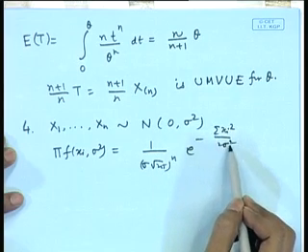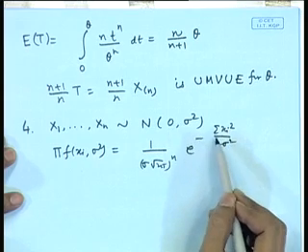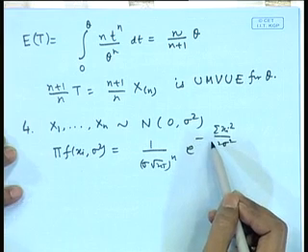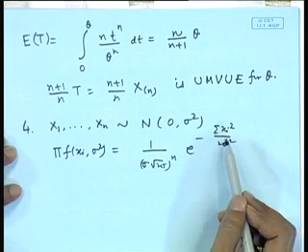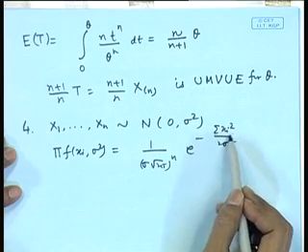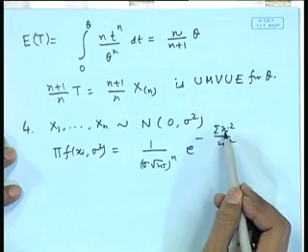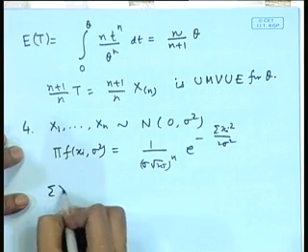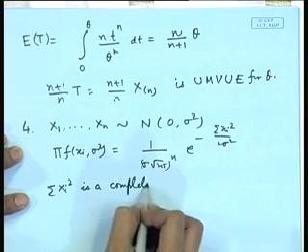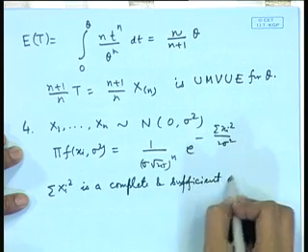The parameter is -1/(2 sigma^2), and the range of -1/(2 sigma^2) is from minus infinity to 0, which obviously contains one dimensional intervals. Therefore, sum x_i^2 is a complete statistic. The sufficiency is clear from here. So, we conclude that sum x_i^2 is a complete and sufficient statistic.